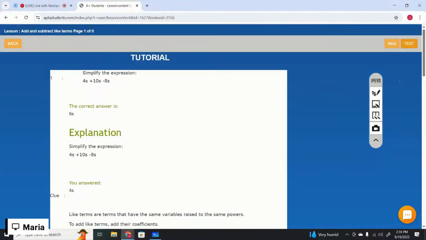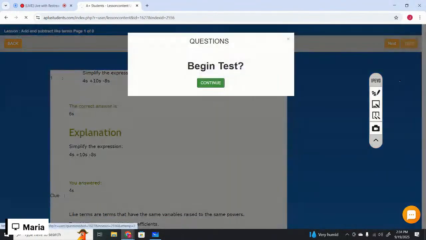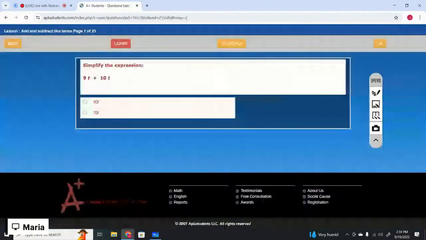Let's just start with the test questions. Simplify the expression 9t plus 10t. So which is the correct option?